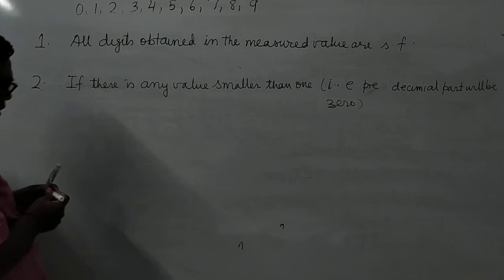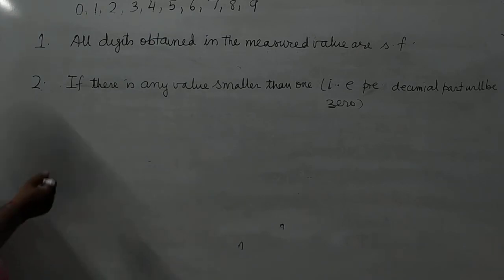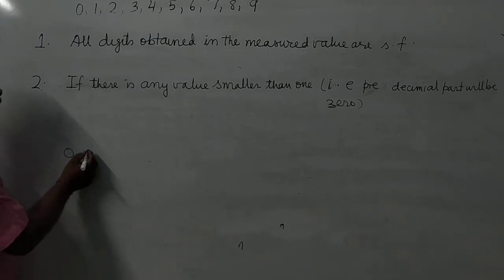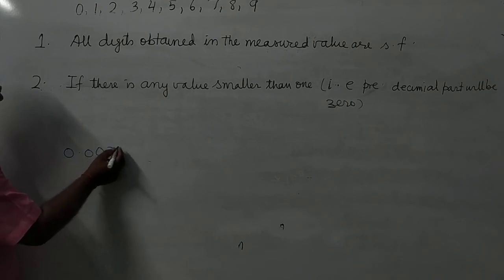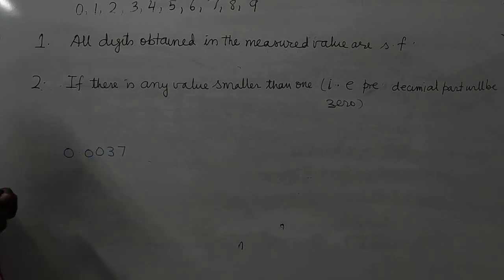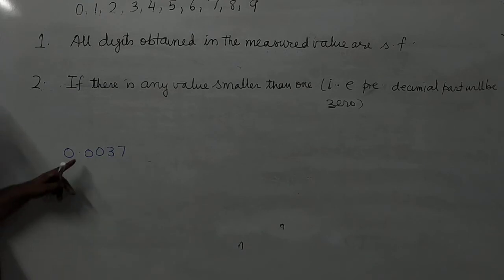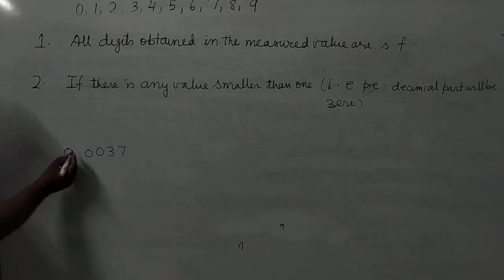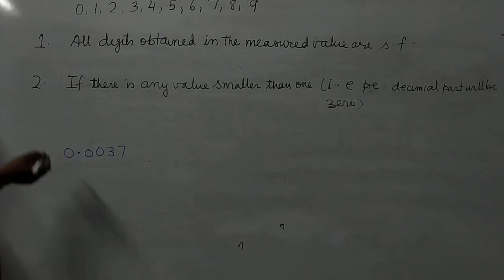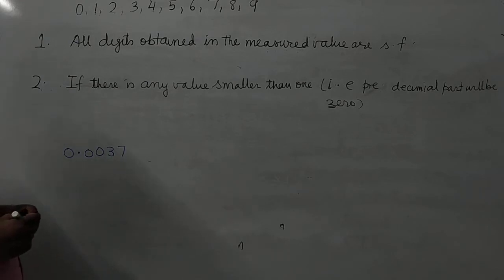For example, here I am writing one value: 0.0037. Here it is a value which is smaller than 1, because you can see that this is the decimal and the pre-decimal part is 0. So if there is any value smaller than 1, the pre-decimal part will be 0.